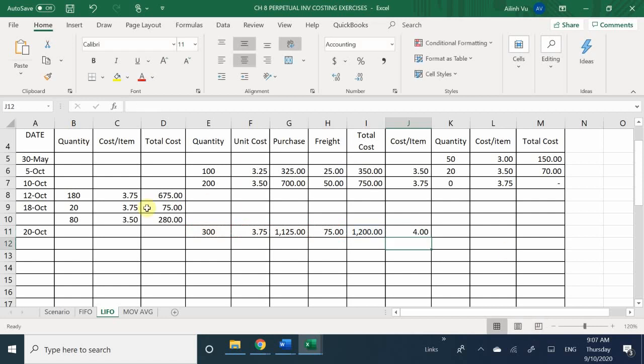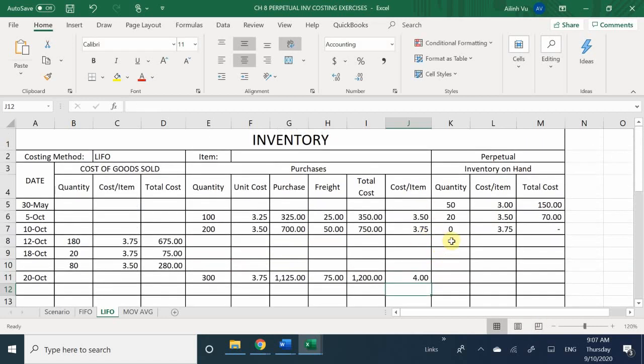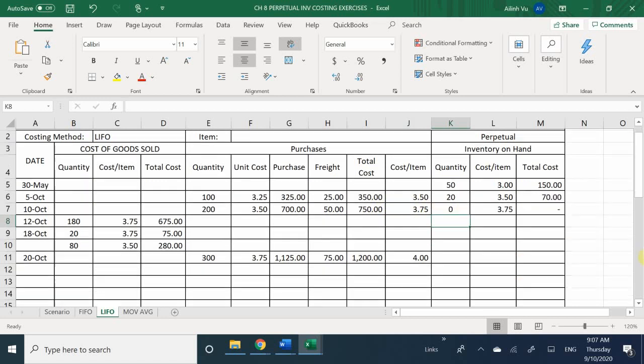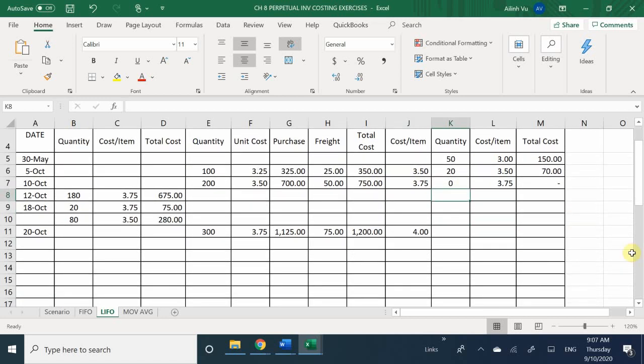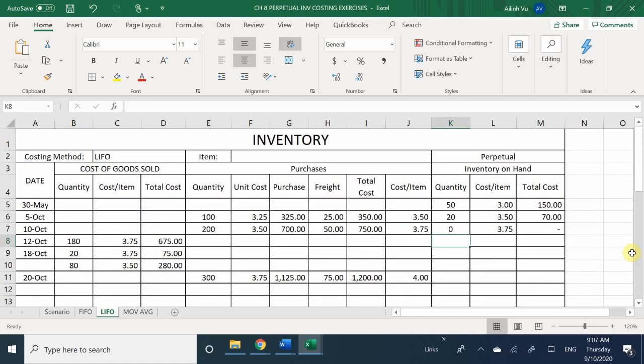All right, giving us a grand total for each item of how much? $4. See, I made these really easy numbers so you guys can go through this quickly. In this case, I'm still going to leave my third batch there because it's my inventory. So I'm going to go ahead and just transfer it over. 300.